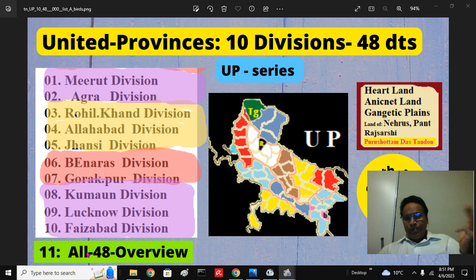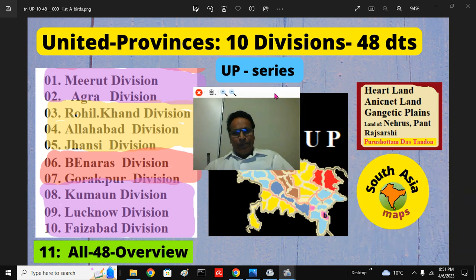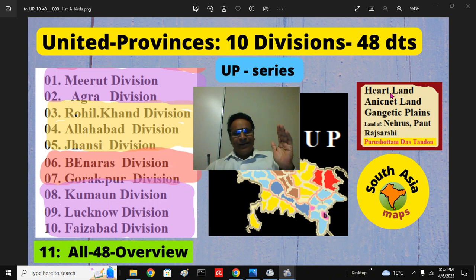And in the next part we will see all the 10 political divisions and the 48 districts of the fascinating United Provinces of British India. This is the heartland, this is the ancient land, this is the Sanatana Dharma's land, where Mahabharata and Ramayana played a very key role.